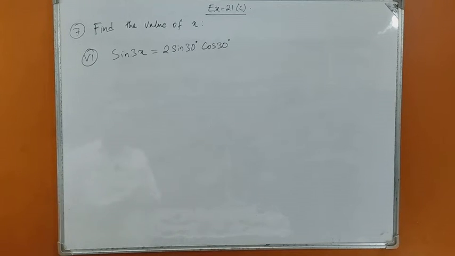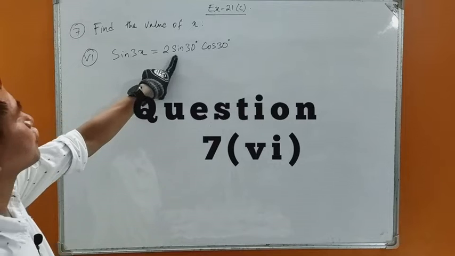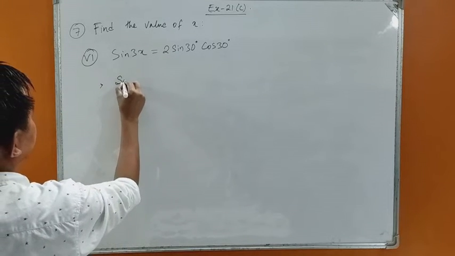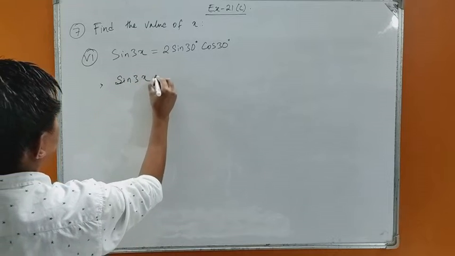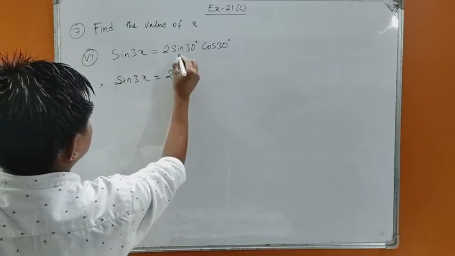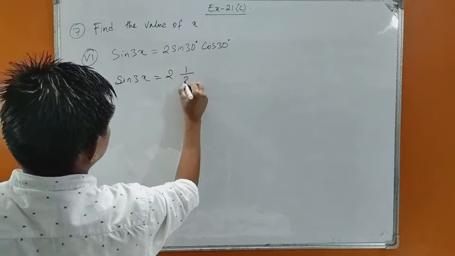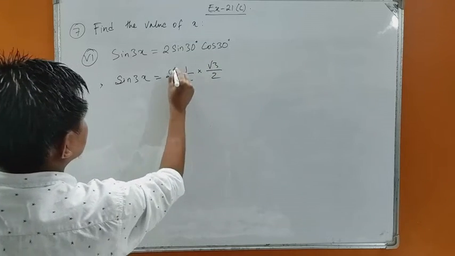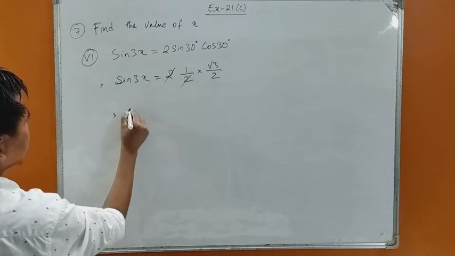Okay, question number 6 of 7. Sin 3x equals 2 sin 30 degrees cos 30 degrees, isn't it? So sin 3x equals 2, sin 30 means 1 upon 2, into cos 30 means root 3 by 2. So this 2 and this 2 cancel.